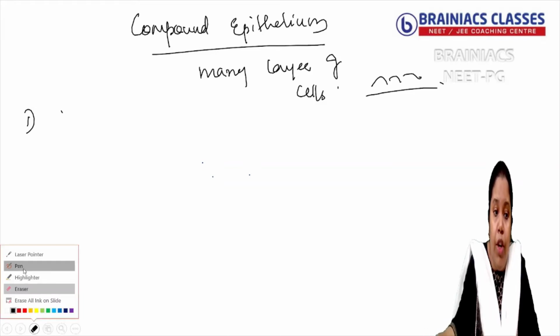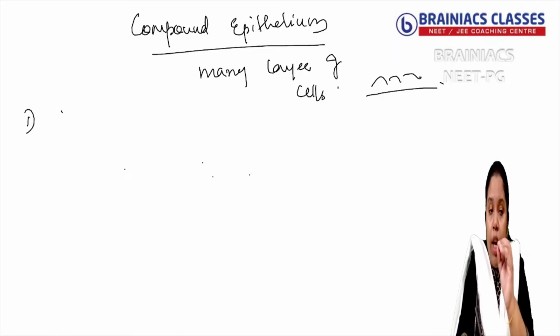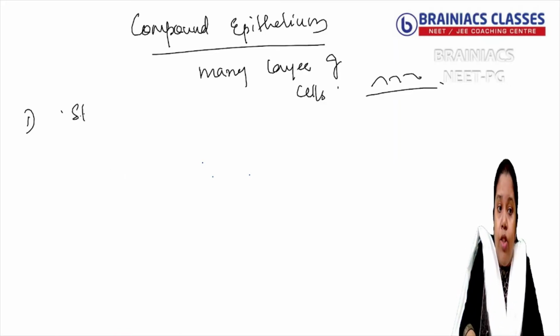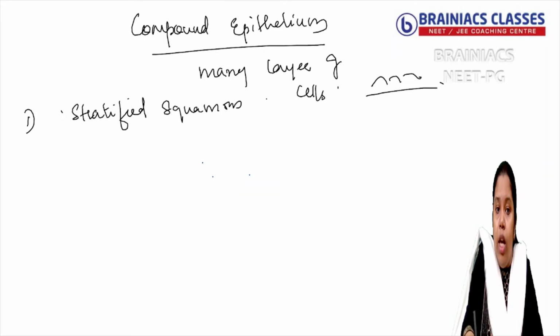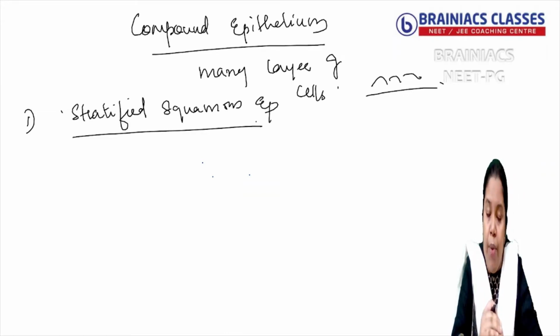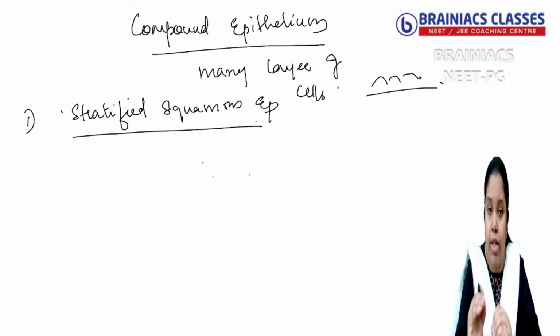If the cell in the apical region is a squamous cell and we have many layers of cells, we will call it stratified squamous epithelium, right?